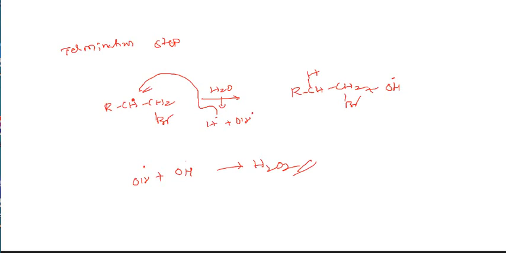A few examples of the anti-Markovnikov rule. Here CH3-CH=CH2. Sometimes they give the question with HBr, sometimes with HBr and peroxide. In the first case, HBr only, they will not mention whether it is a peroxide condition or not, they will not mention any condition.